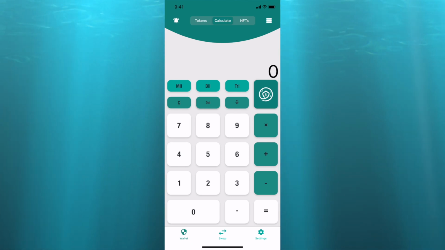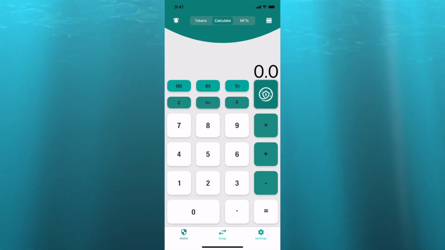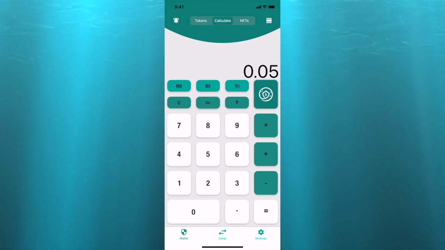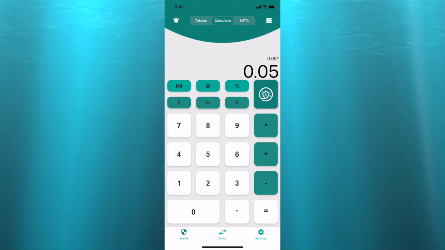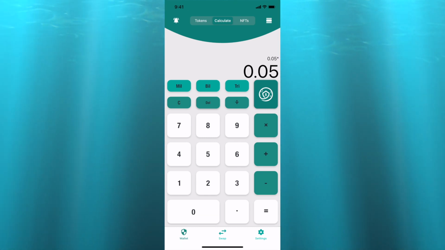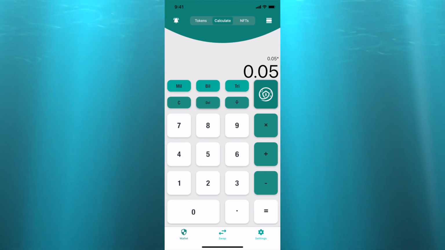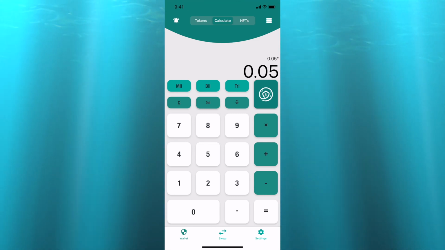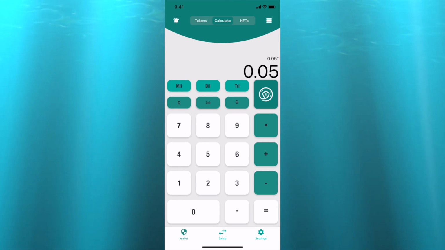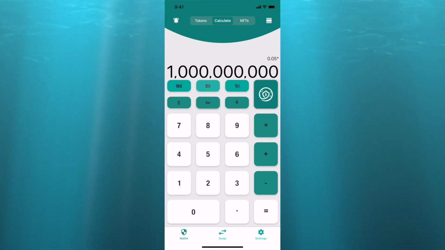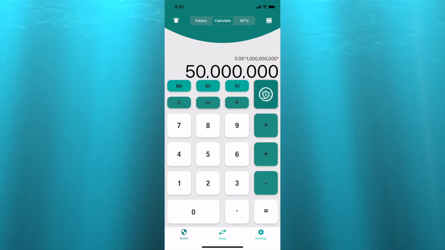So 5% is 0.05 times our daily volume, and for the sake of this video, we just used $1 billion in daily volume. So we'll say 0.05 times 1 billion, so we're looking at $50 million.